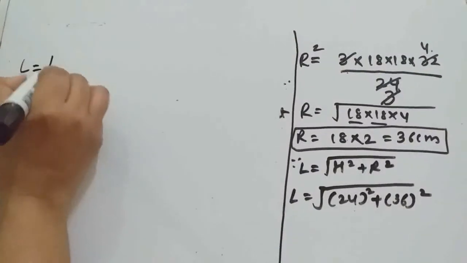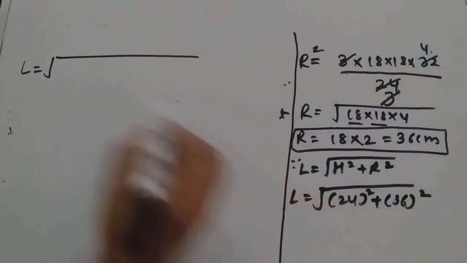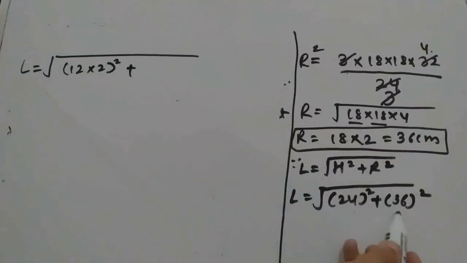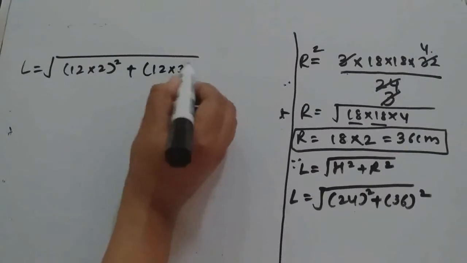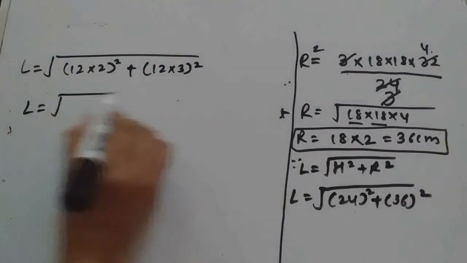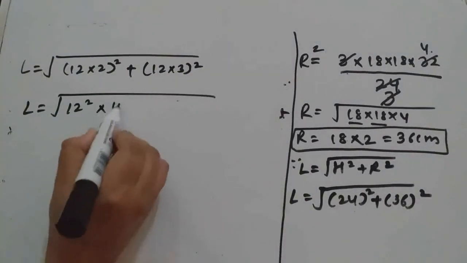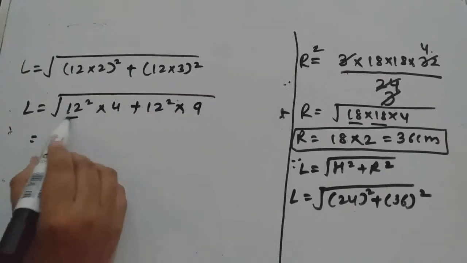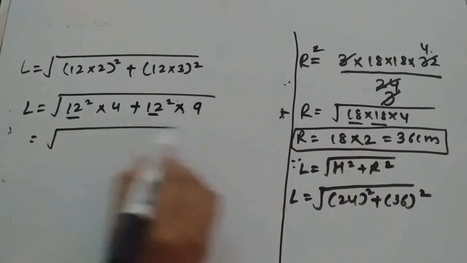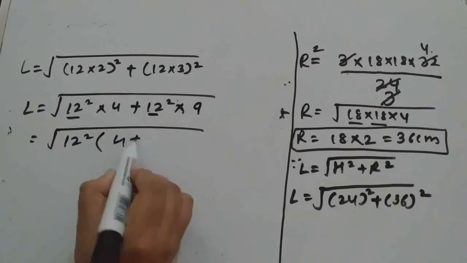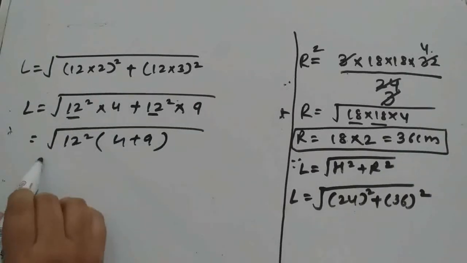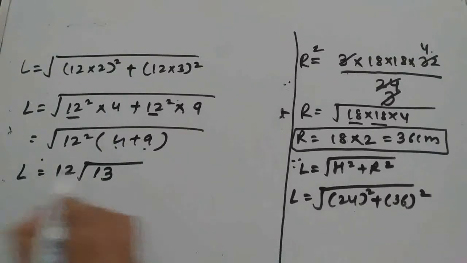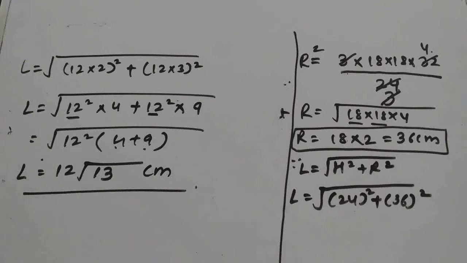We can write 24 as 12 into 2 and 36 as 12 into 3. So 12 square into 4 plus 12 square into 9. 12 square we can take common, which can come out from the square root. So 12 into square root of 9 plus 4, that is 13. 12 into 13 centimeter is the slant height of the cone.